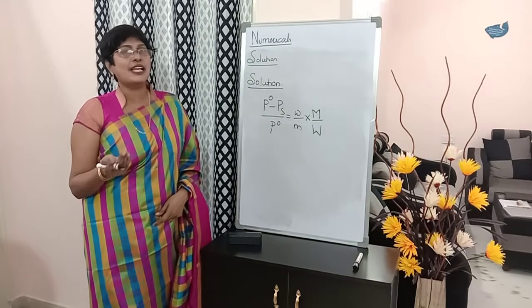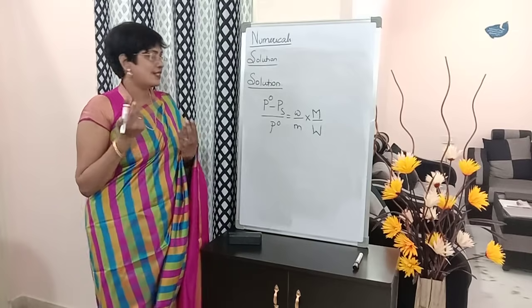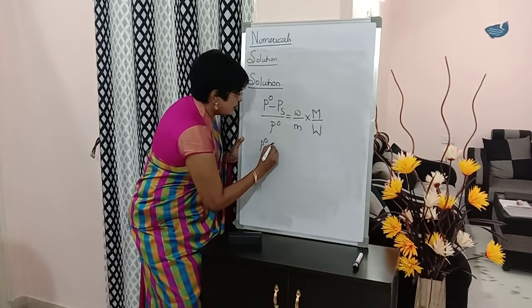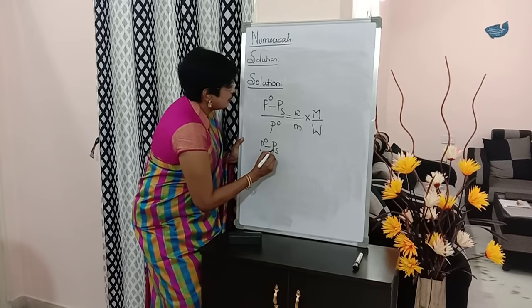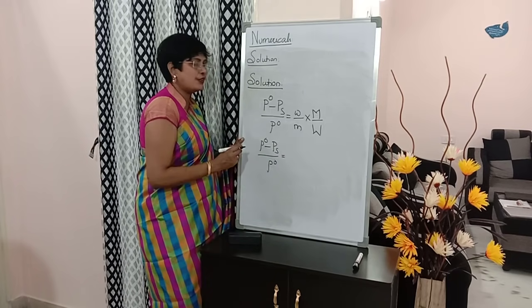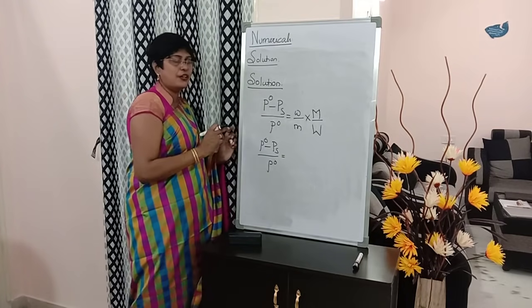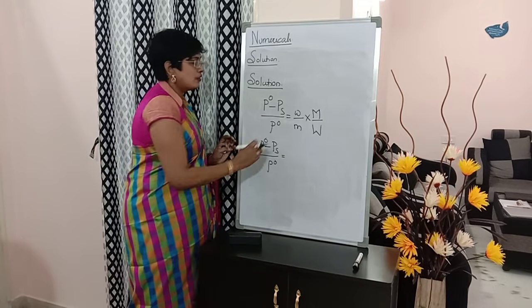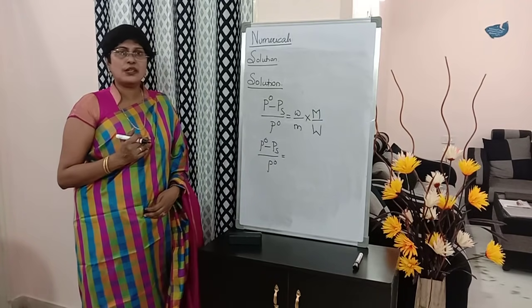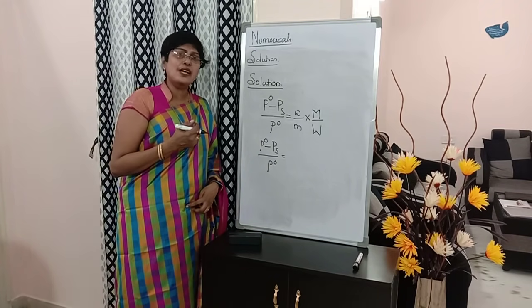Rest all values are in our hands. Okay. So, first I will show you how to do it. P naught minus PS by P naught is equal to, what you do? You don't substitute the value of P naught, students. So, using this set of values, we will calculate this quantity. Okay. Then it will be easy for you to understand.